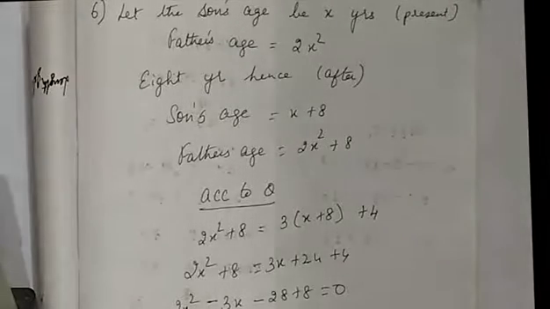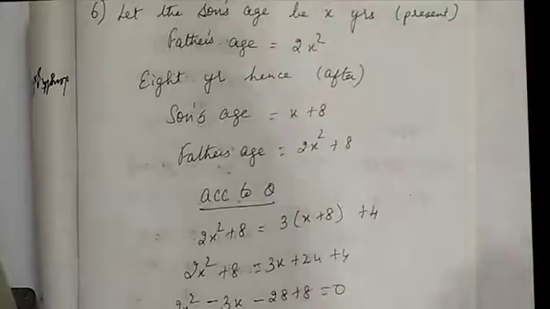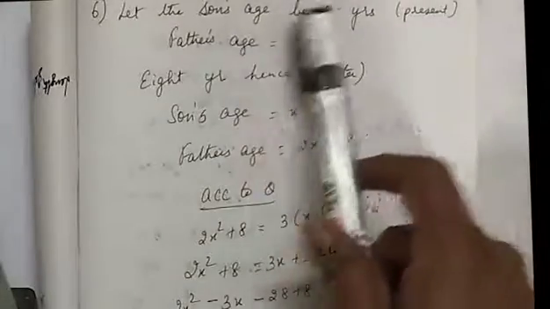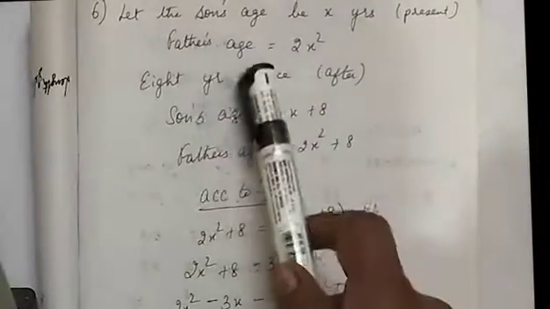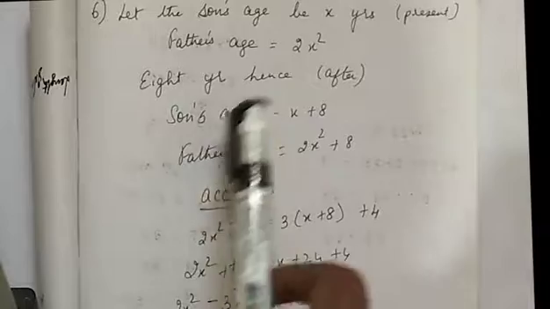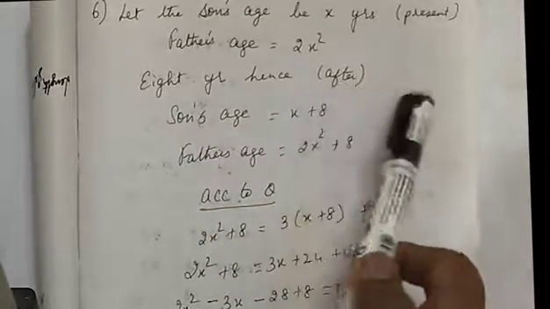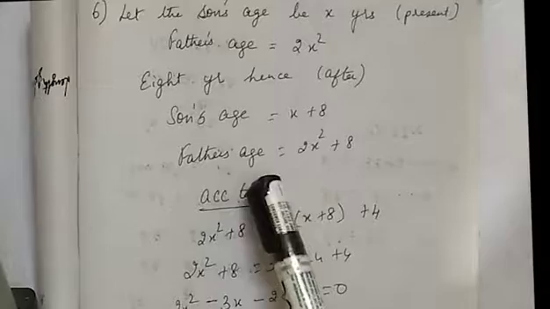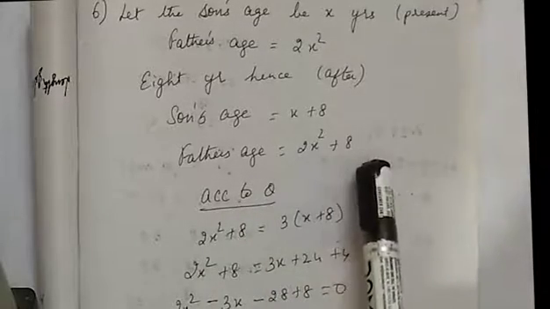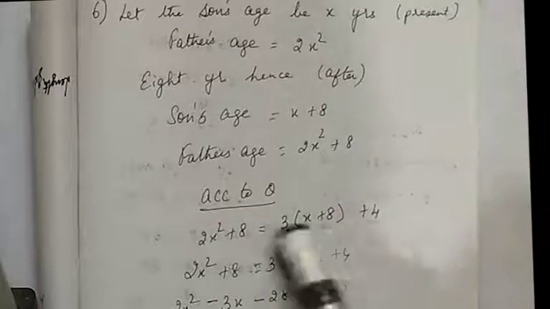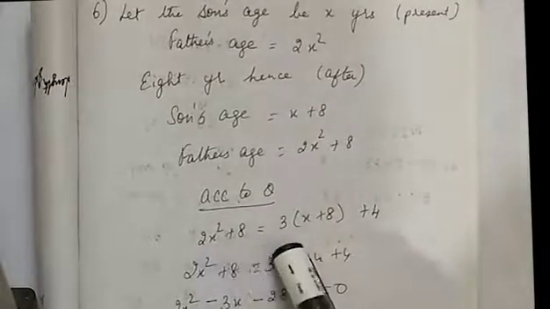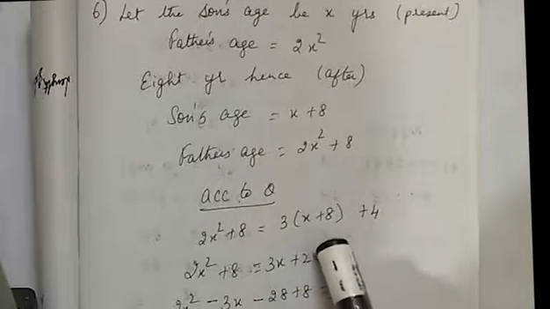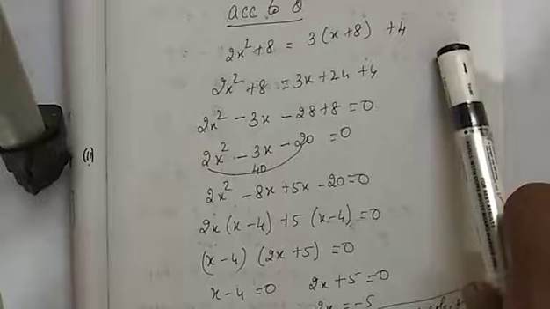So let us take son's age be x years, that is present age. Then father's age 2x square. 8 years hence, son's age will become x plus 8 and father's age will become 2x square plus 8. According to the question, 2x square plus 8 is equal to 3 into x plus 8 plus 4.